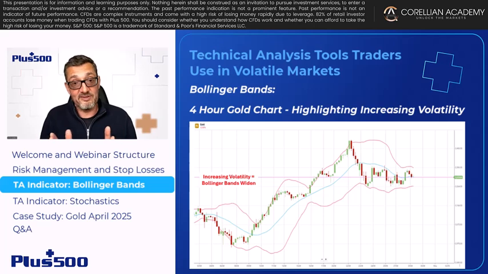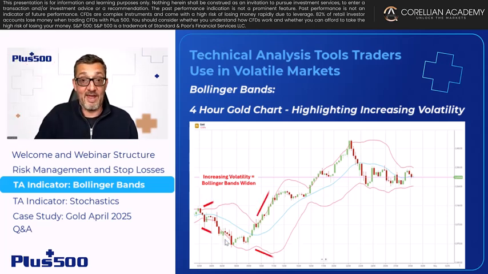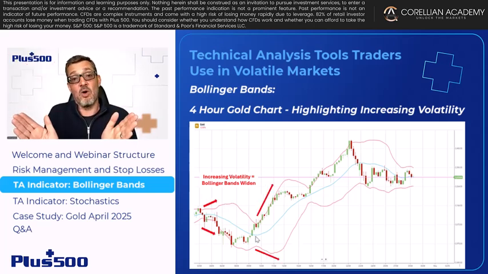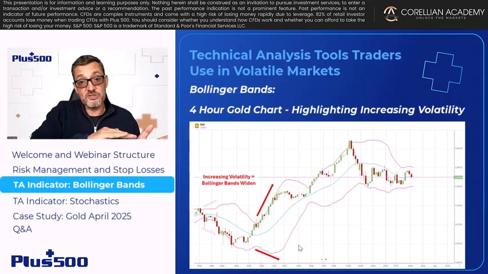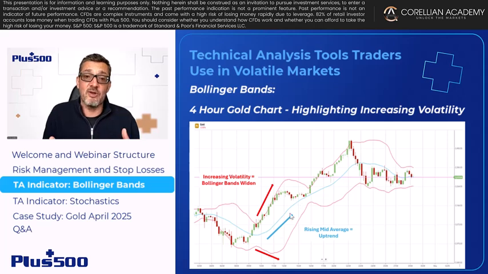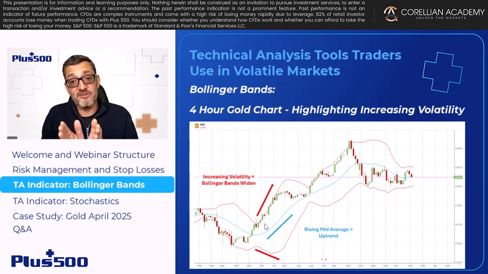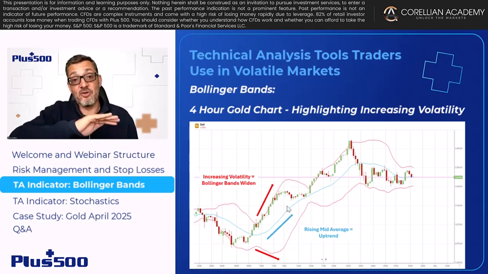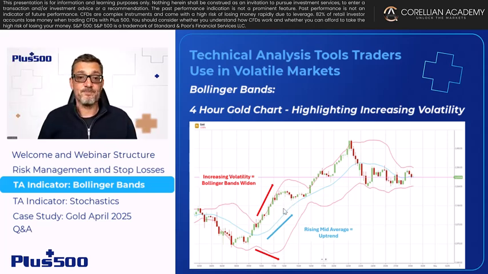If price volatility is increasing, be it to the up or the downside, the bands start to widen. If the mid-average is also rising while volatility is increasing, the conclusion is that an uptrend in price is evident, and because volatility is increasing within that uptrend as the bands are widening, the uptrend can extend further.